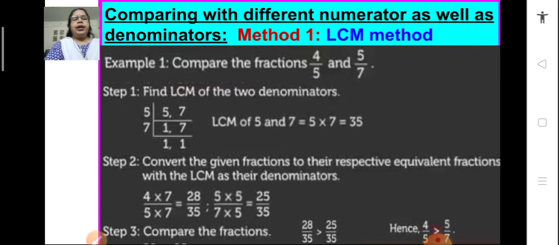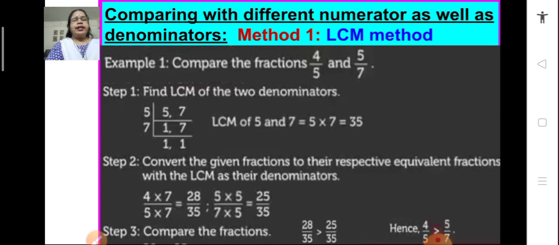We make their denominators the same. And this can be done by the LCM method. How do we do that? In the first step, we find the LCM of the two denominators, and then we convert the given fractions to equivalent fractions with the LCM as the denominator.